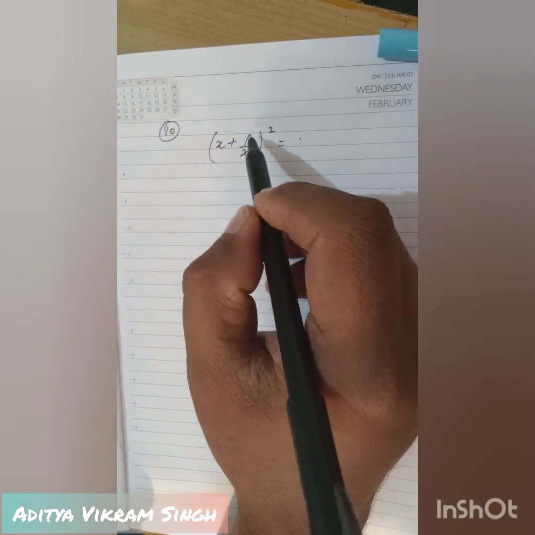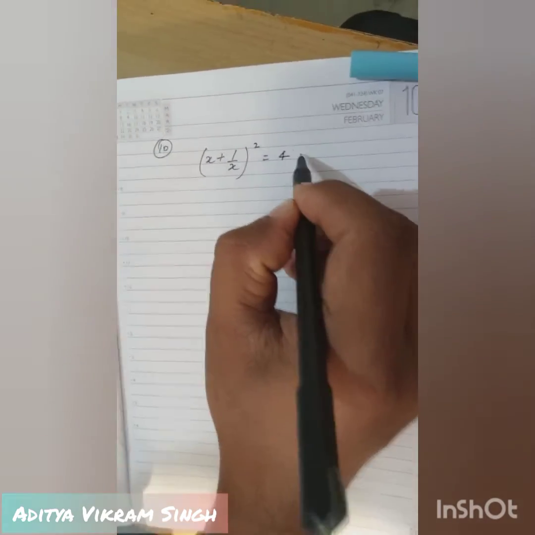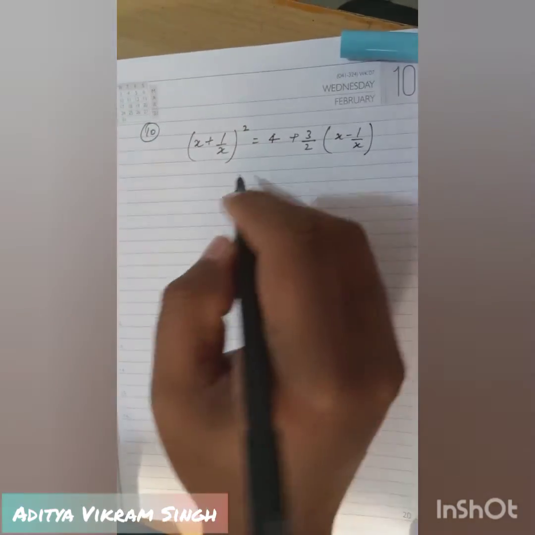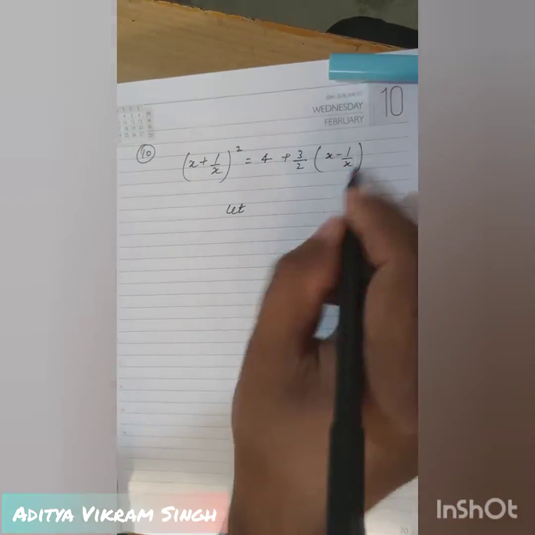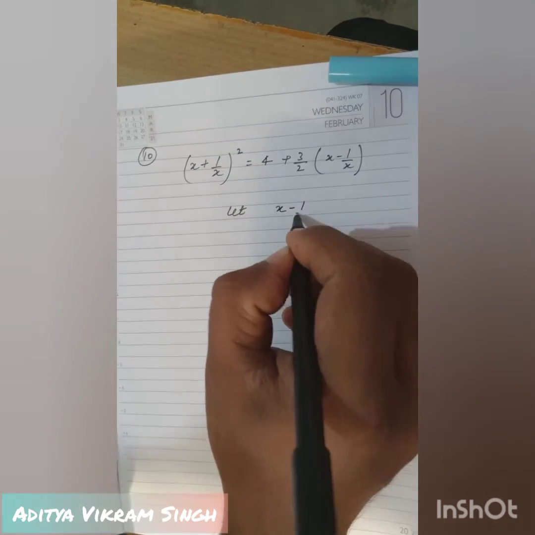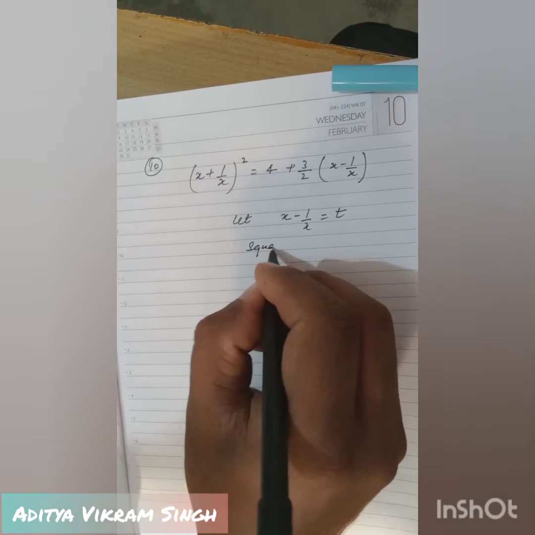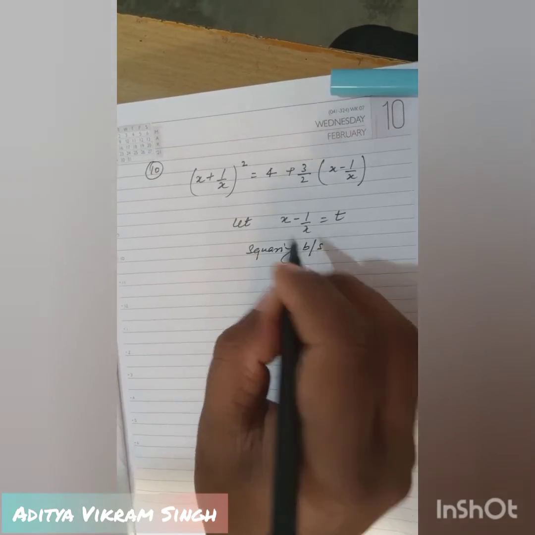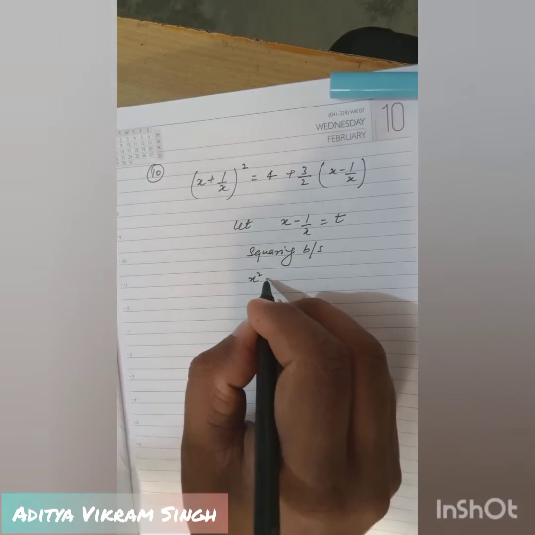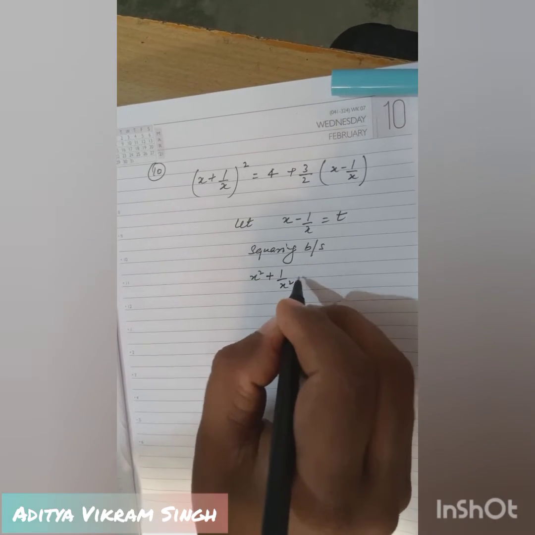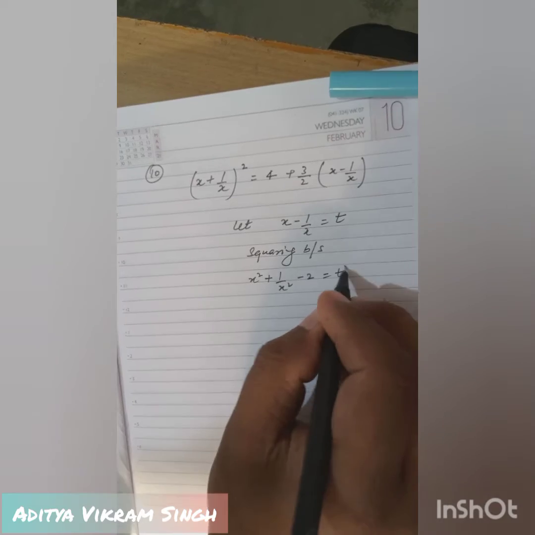And question number 10 is x plus 1 by x square is equal to 4 plus 3 by 2 times (x minus 1 by x). Now what we have to do is, let's suppose x minus 1 by x is equal to t. Okay, then squaring both sides. If we square both sides, we get x square plus 1 by x square minus 2 is equal to t square.